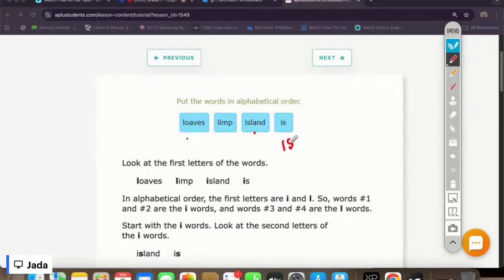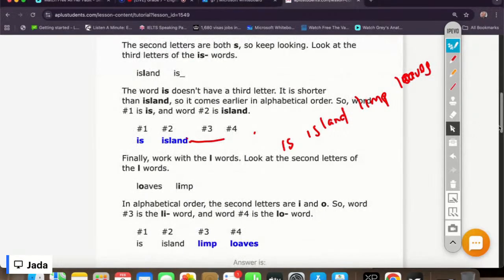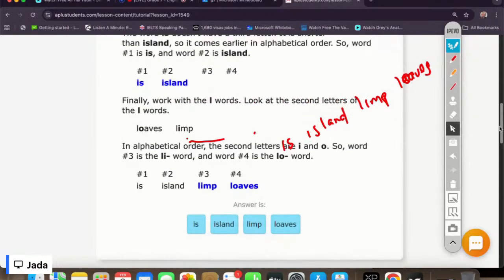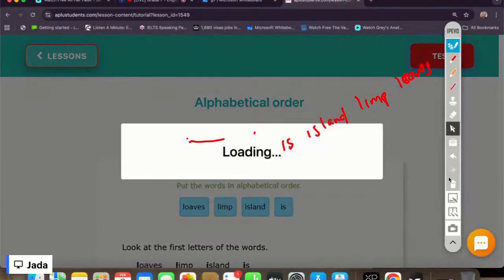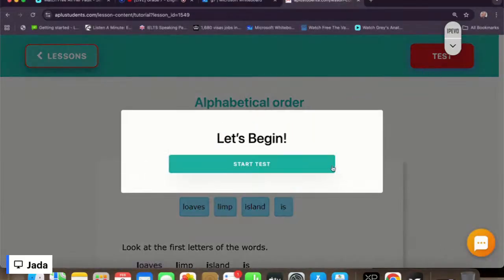So we have is, then island. Then what do we have here? We have LO or LI, we have limp, and then we have loaves. Because you can see that the words are all different, you have to arrange them according to the alphabet. Okay, let's go to the test and you can share your answers.